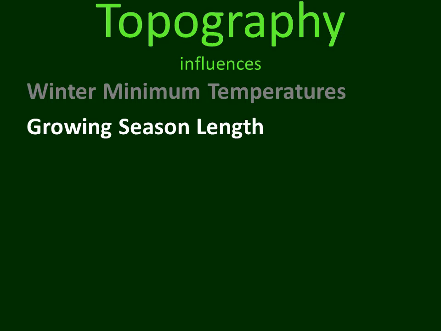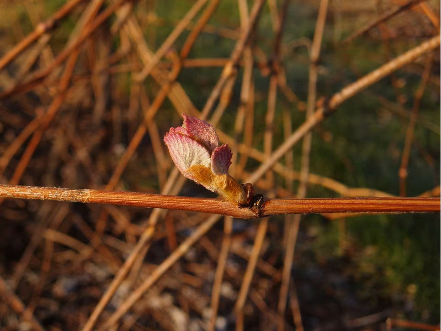Well, topography not only influences the winter minimum temperatures, but the growing season length, and it does it by the occurrence of spring and fall freezes. Here's a Concord grapevine shoot about 1.5 to 2 inches long, and that is vulnerable to a freeze when the temperatures are 26 to 28 degrees roughly in the spring.